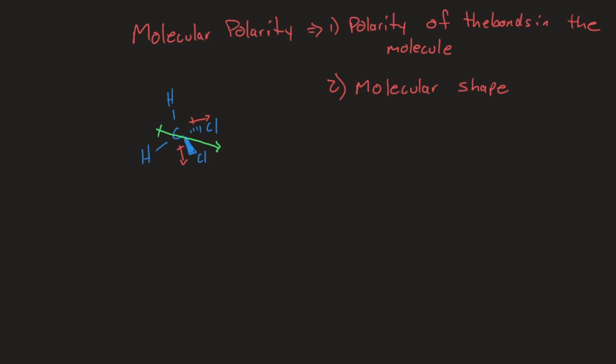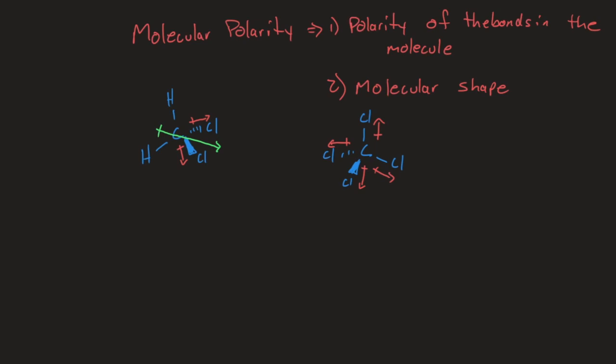But if we were to think about something like CCl4, that is definitely composed of polar bonds, right? We know that these chlorine-carbon bonds are all polarized towards the chlorine involved.